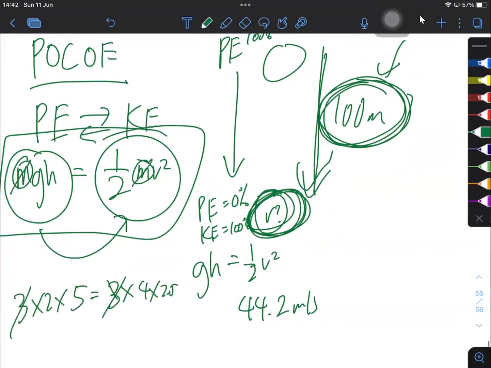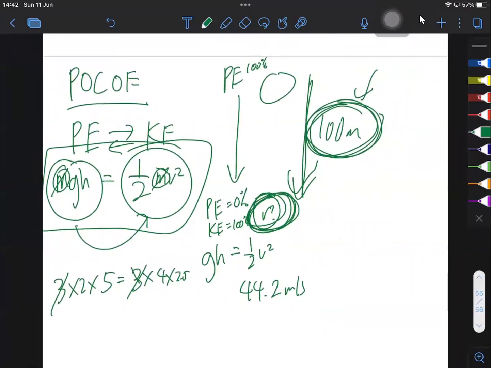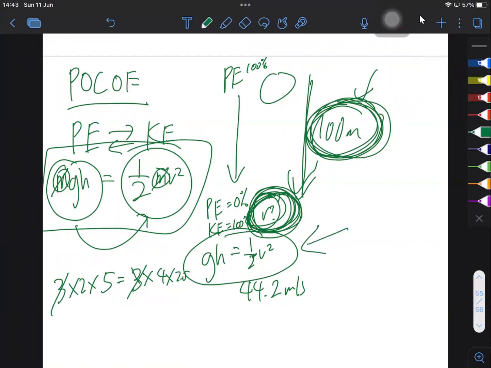So I don't need the mass component. With the height component itself, I can find the velocity already. It's just algebra: I cut the m away on both sides, leaving gh equals half v squared. So this is how I end up with the transference of energy.